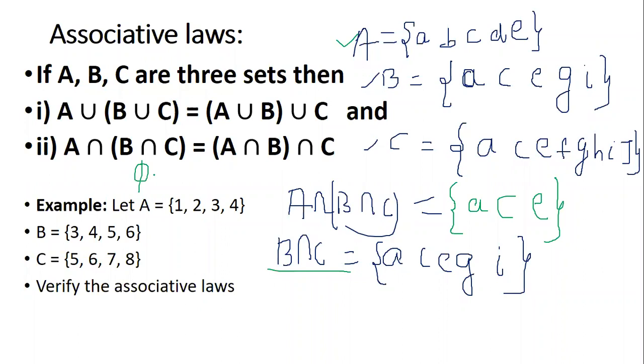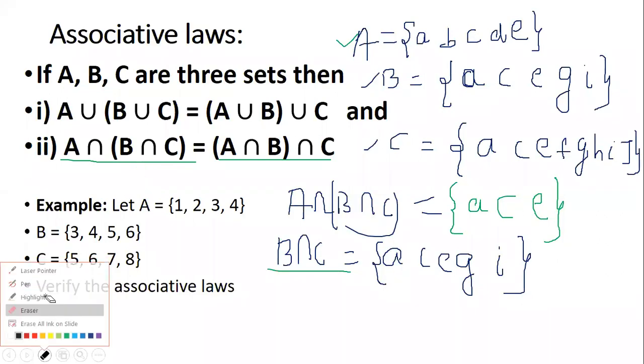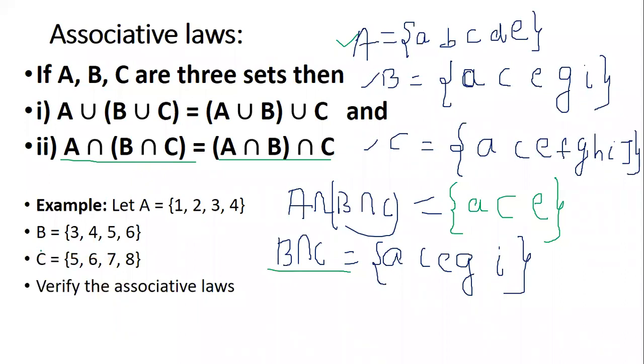It is a rule of getting the same answer for A intersection (B intersection C) and (A intersection B) intersection C. So here you have got the answer as A, C and E. Let us write that down here.